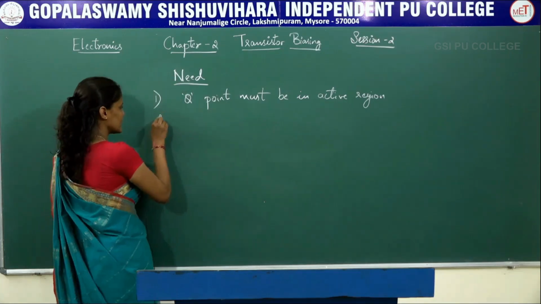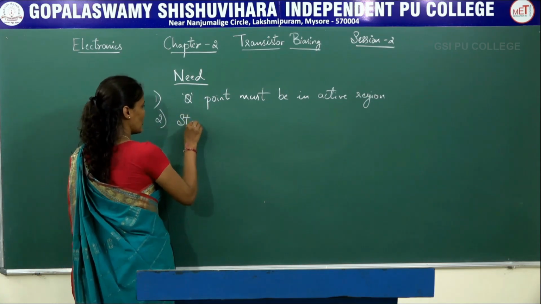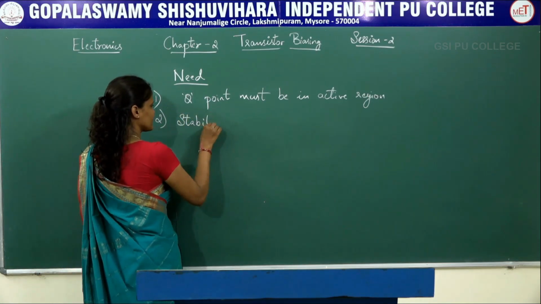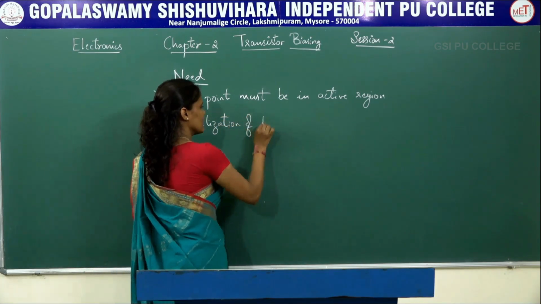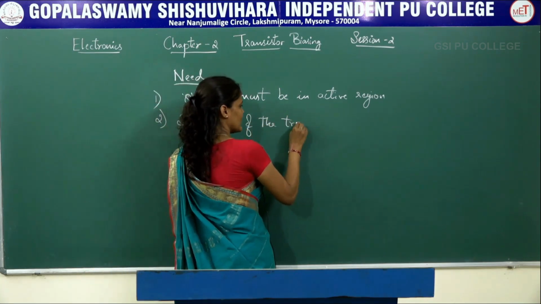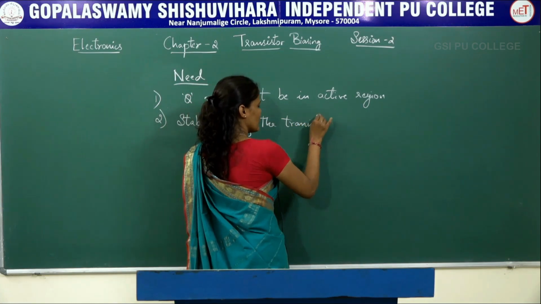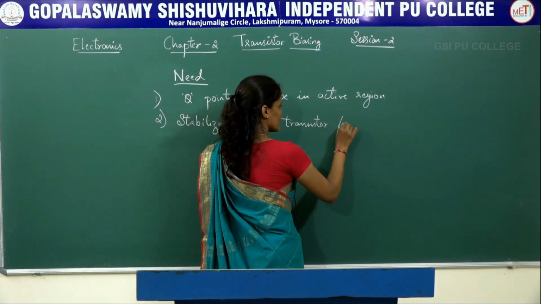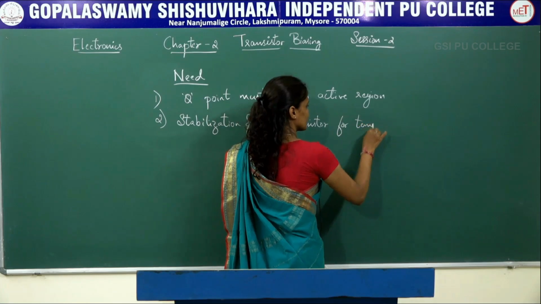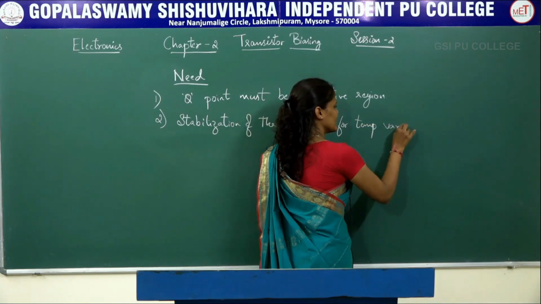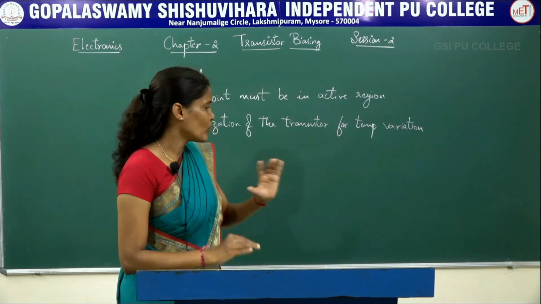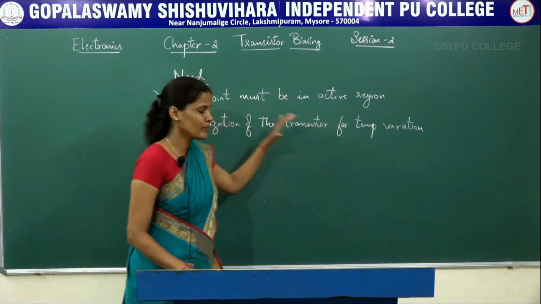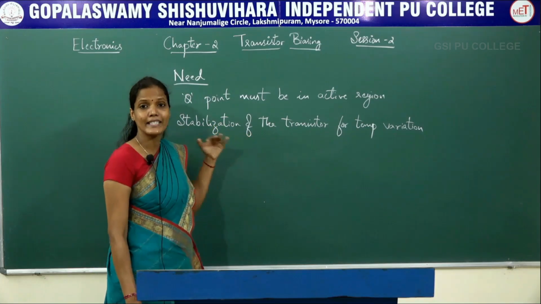The next point is stabilization of the transistor for temperature variation. So what is this stabilization of the transistor? Whenever there is change in temperature, the transistor has to be stable.